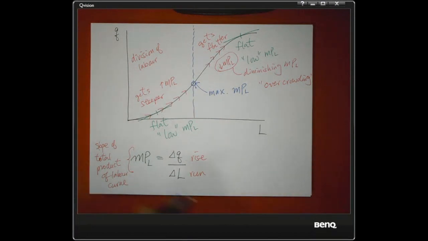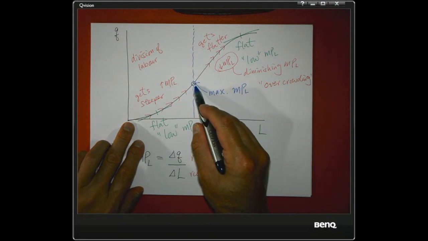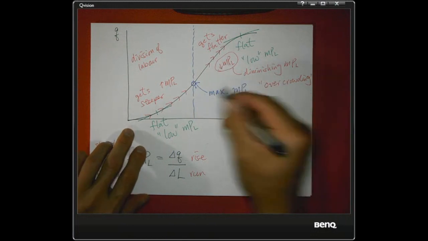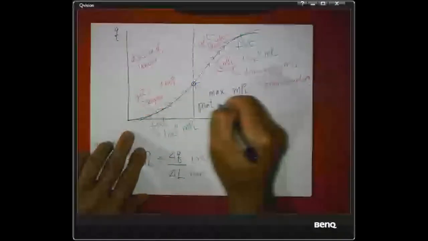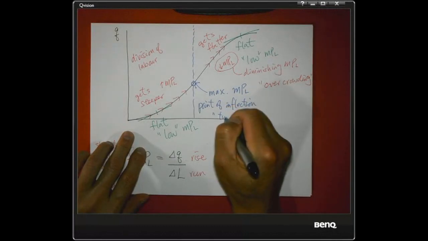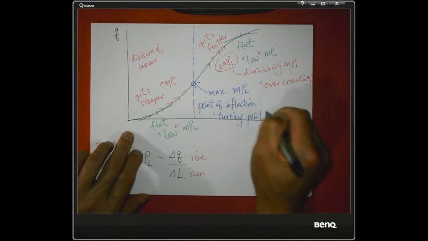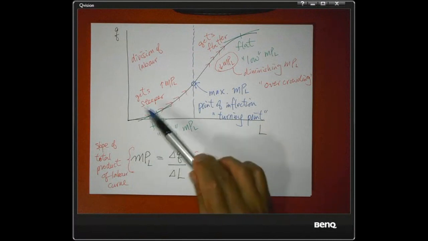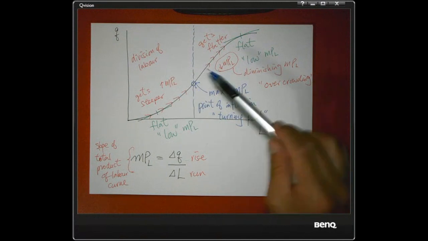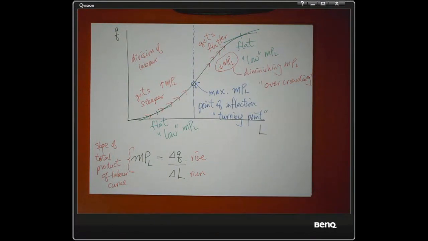Now in geometry, if the slope is getting steeper and steeper, and then reaching the maximum value for the slope, and then it begins to decline, this is what we call the point of inflection. In general terms, we call that the turning point. From increasing marginal product of labor, at that point, it becomes decreasing or diminishing marginal product of labor.